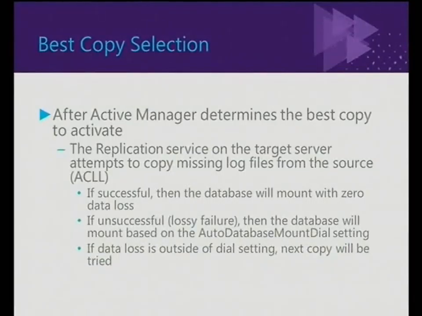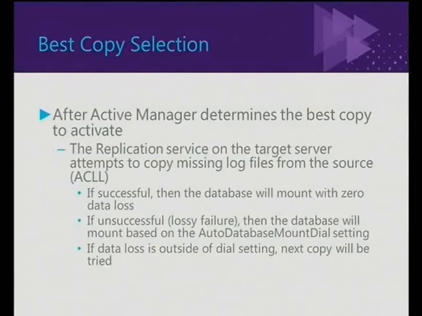Now, we talked about ACL. The ACL process will always be from whatever passive copy it's trying to activate, it will always go back to that original copy. If the original one's not there, ACL won't be able to get any data, and as a result, it will just fail, and we'll move on to the next process, answering that question, is the database mountable, by looking at the setting of the copy queue length versus the auto database mount dial.